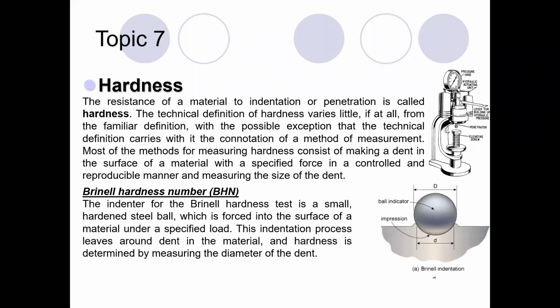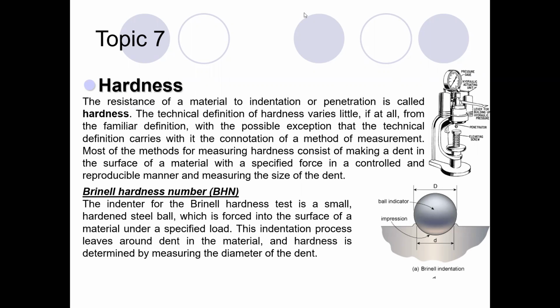How can we measure something? We just talked about fatigue. We do some examination, some experiment, and also for the measurement of hardness. We have a special device like that, and we compare the hardness of different materials with the help of the experiment.